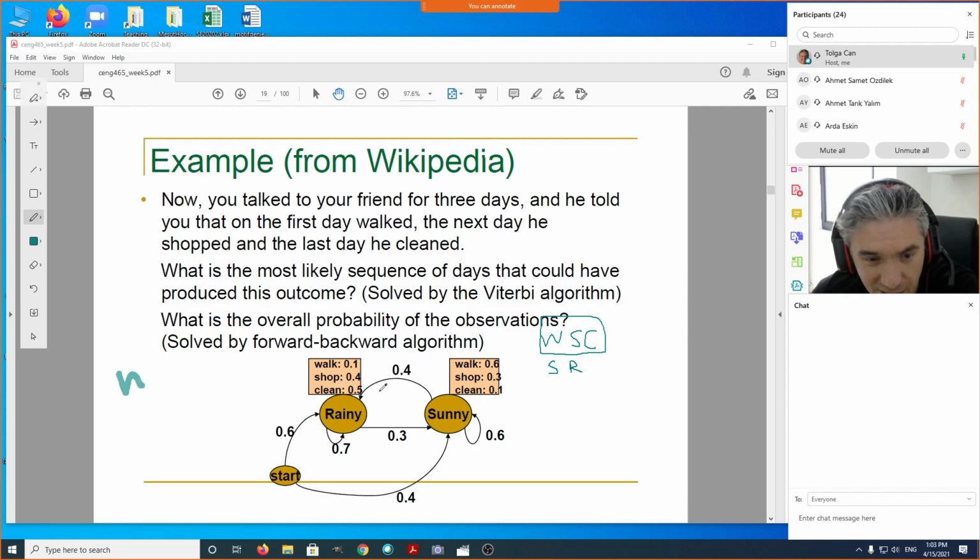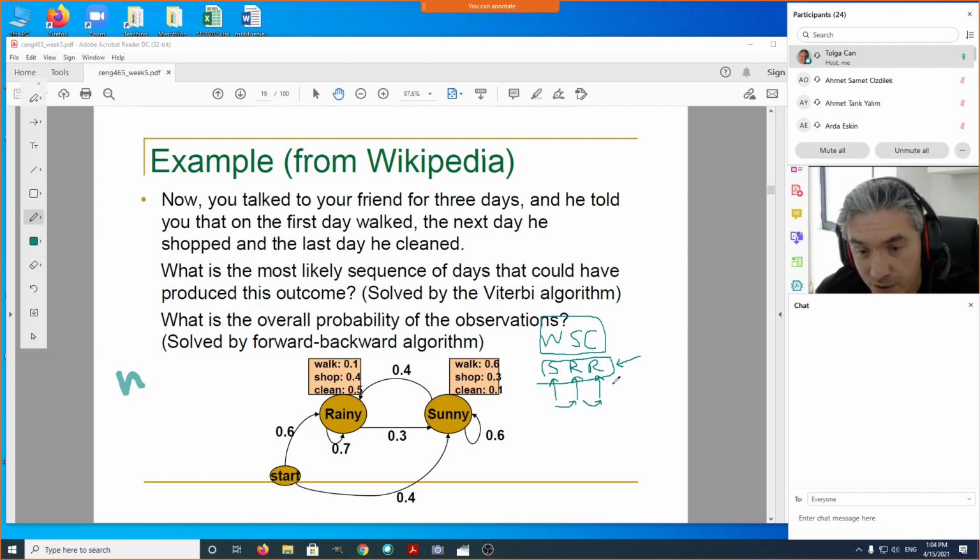We can have rainy here, and then cleaning again may be rainy. So this sequence of states, sunny, rainy, rainy, may be the most probable. But you see what I did here in my greedy approach: I ignored the transition probabilities and just used the highest probable event on each day. I did not consider the probability of going from sunny to rainy, or from rainy to rainy.